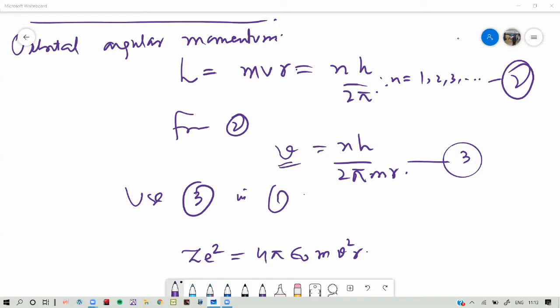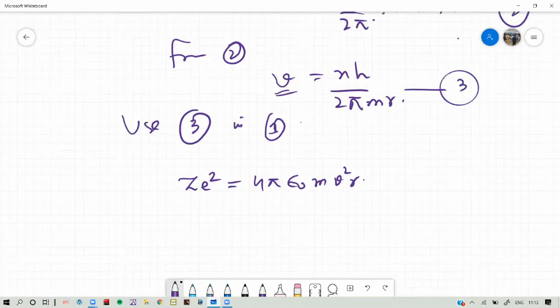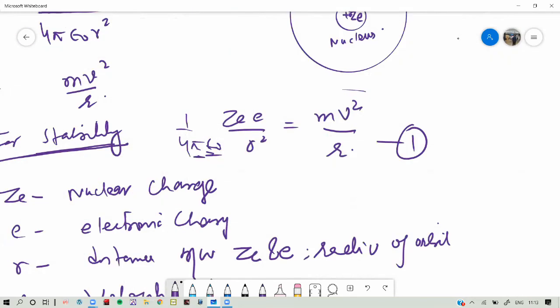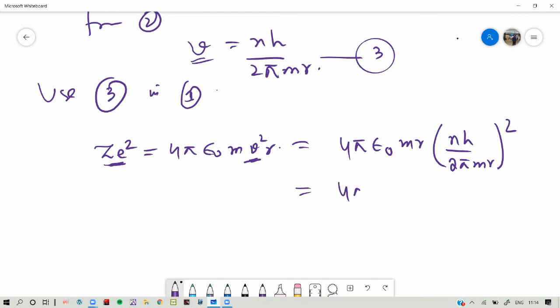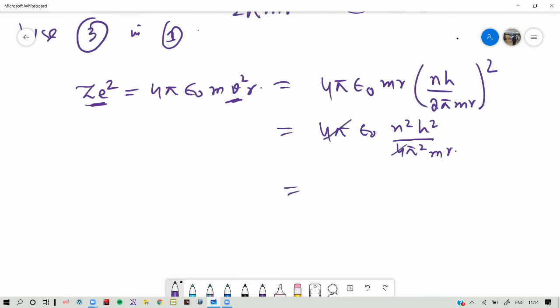This is used in the first, and from the first we see that Ze² is 4π ε₀ m v² r. Now we put the value of v from equation 3, which is nh/2πmr, and you will end up with n²h² divided by 4π²mr. Simplifying further, there will be some cancellation.